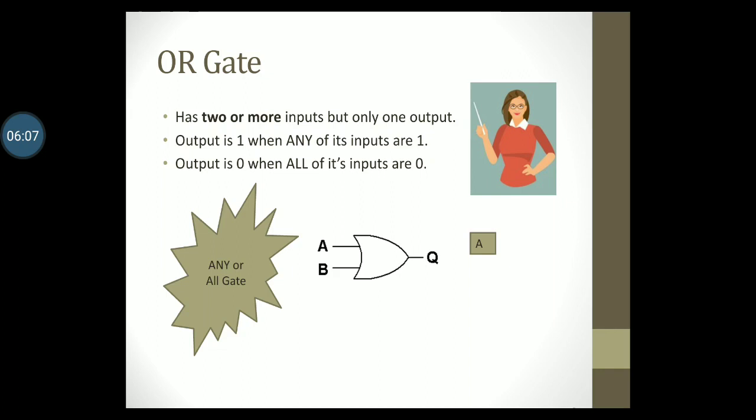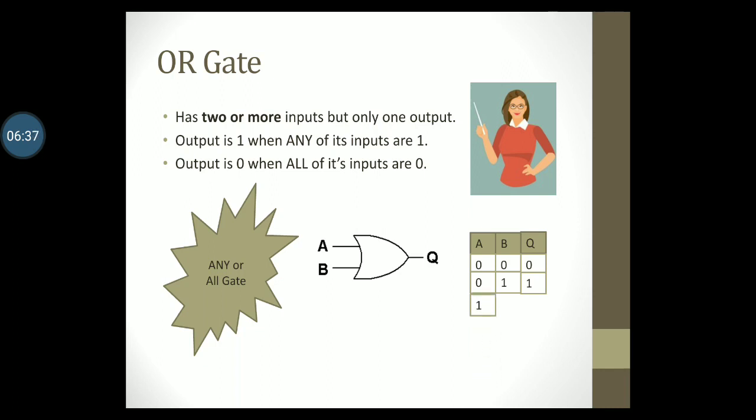Start by listing the inputs A and B followed by the output Q. If input A is 0 and B is also 0, then the output Q will be 0, since all the inputs are 0. If A is 0 but B is 1, then the output Q will be 1, since any one of its inputs is 1.